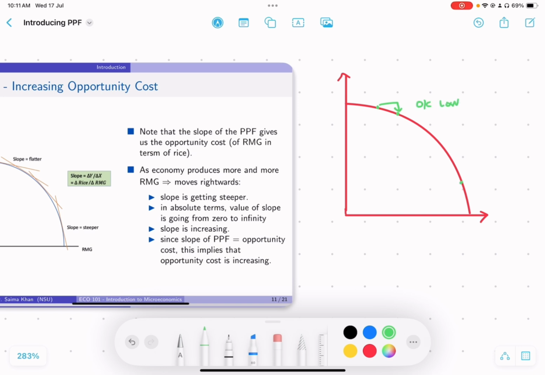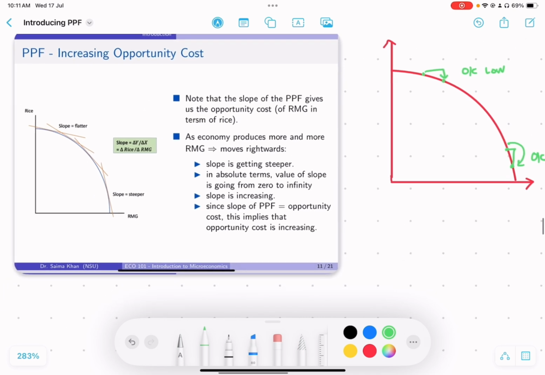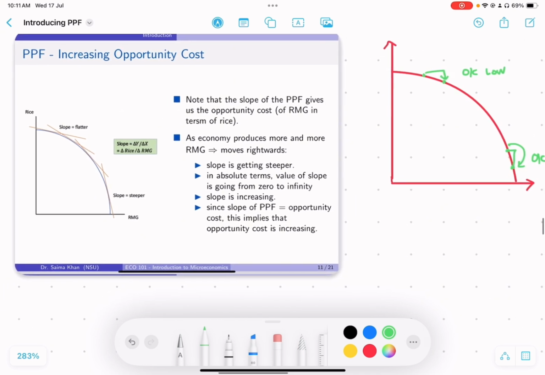But somewhere here, moving from here to here, the opportunity cost is high. We are going to try and understand why this is happening.